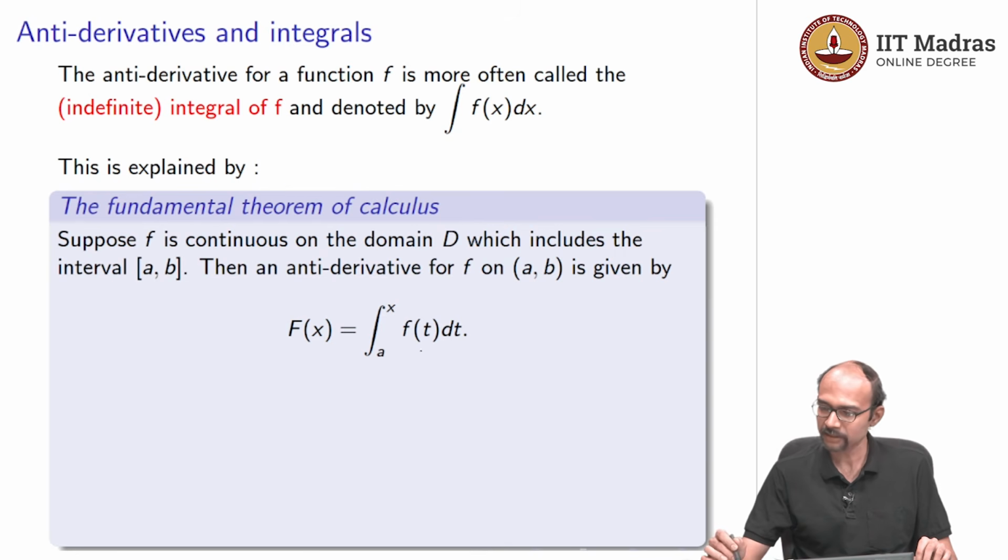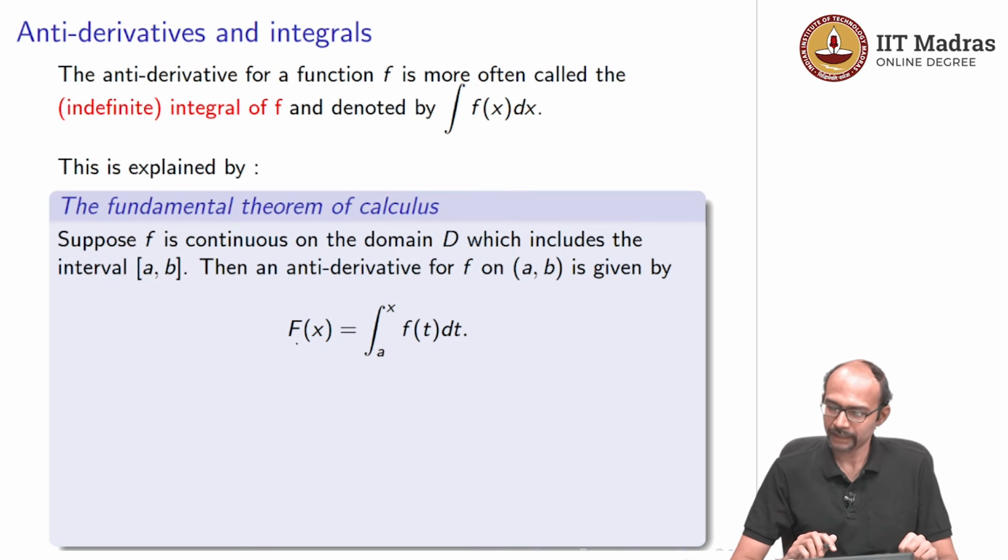I can't use my x inside my integral as well. So, I have to integrate with respect to some other variable. I am calling that variable t, but do not get confused, this is just the same function little f. The only thing is I am calling the variable a different name. Instead of x I am calling it t, and that is because I want to use x as a variable in capital F.